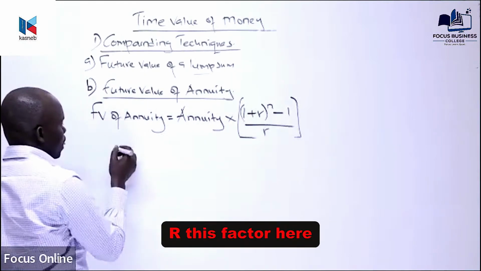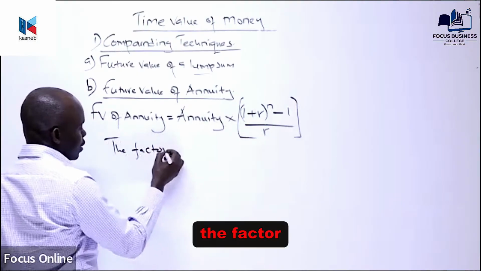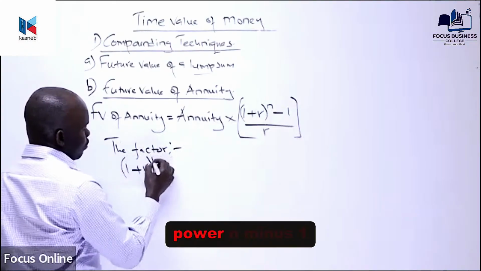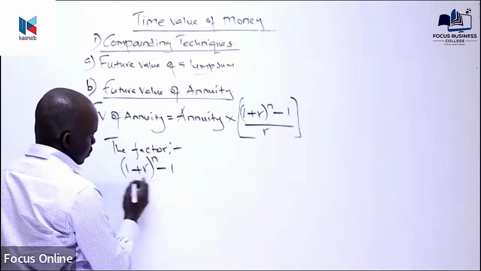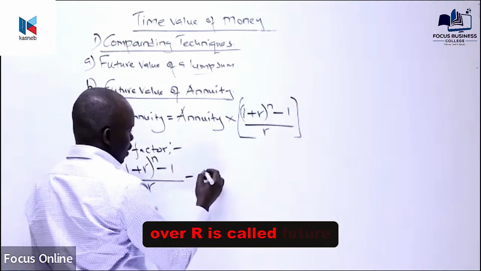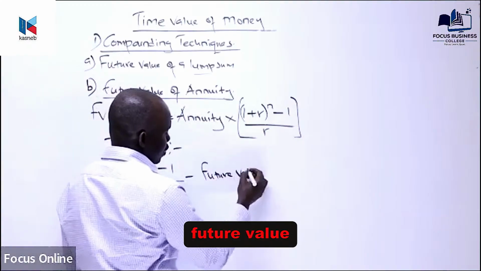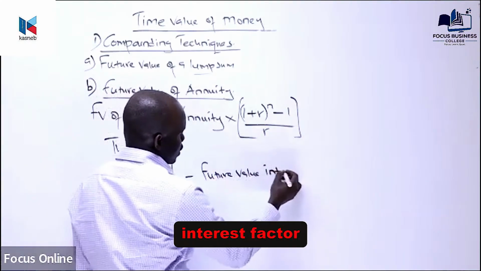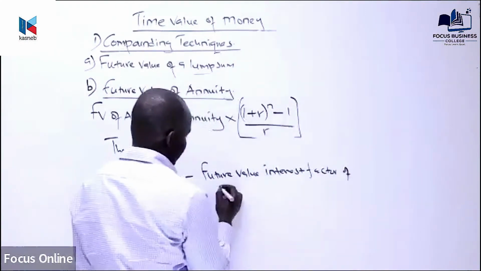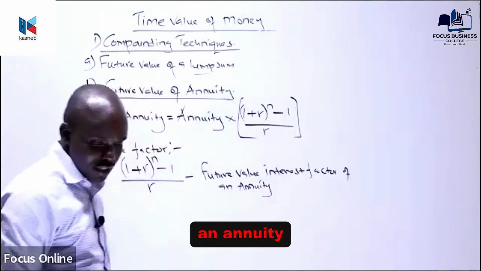This factor here, 1 plus R power n minus 1 over R, is called the future value interest factor of an annuity.